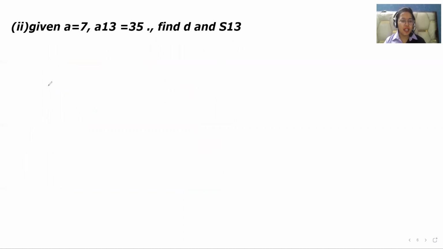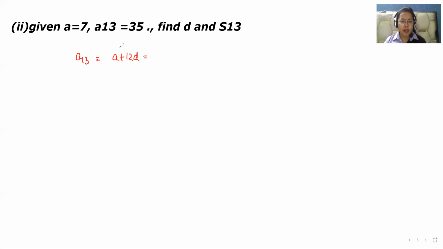Now in this question, A is 7, A13 is 35. We have to find the difference and S13. So A13 means n is 13. How can we write A13? A plus 12D. Remember? A plus 12D. If you don't know why we are writing A plus 12D for A13, you can check my previous videos of AP. You will understand.